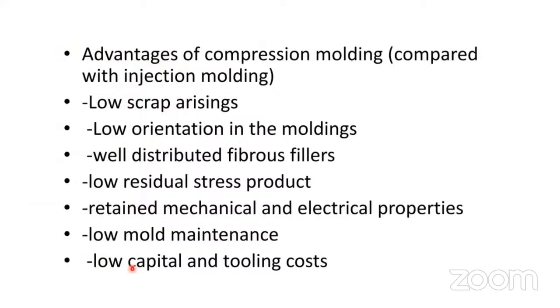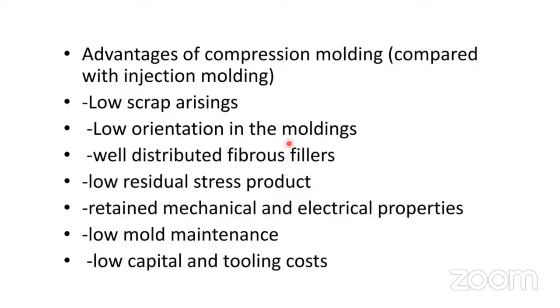Now, what are the advantages of this process over the injection molding process? Low scrap arising, I told you, because you are charging a specific amount into the mold. Low orientation in the molding.